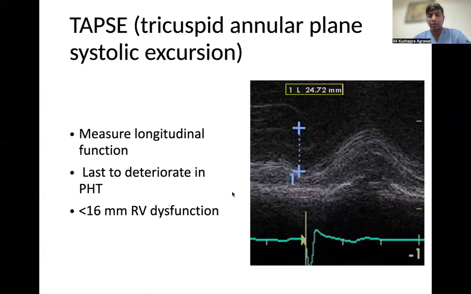In M mode, we see the maximum excursion, which should be more than 17 mm. If it is less than 17 or 16 mm, it shows there is poor contractility or poor function of the right ventricle.